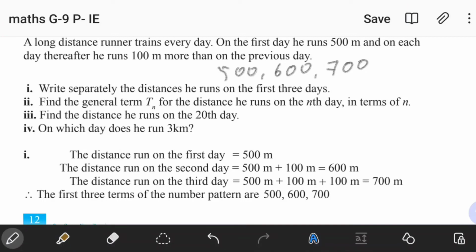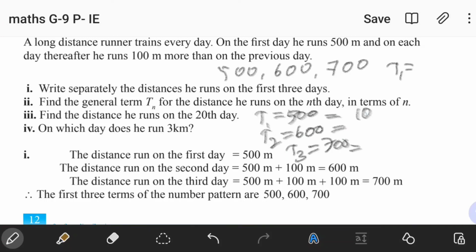Now you know how to derive the nth term of a number sequence. So let's do it. We know T1 is 500, T2 is 600, T3 is 700. Let's write in terms of the common difference, 100. If you multiply 100 by the term number, how much do you need to add to get 500?